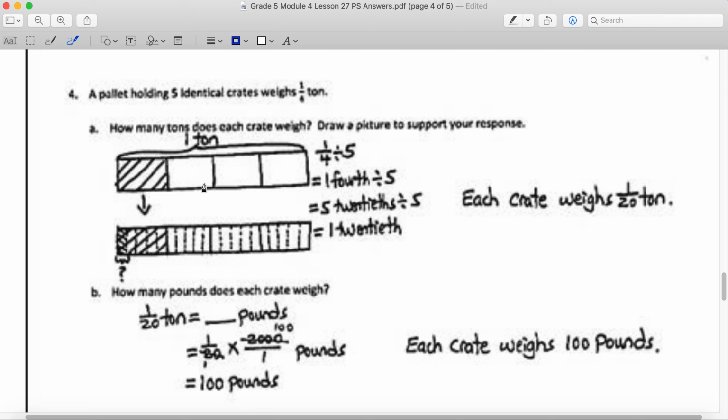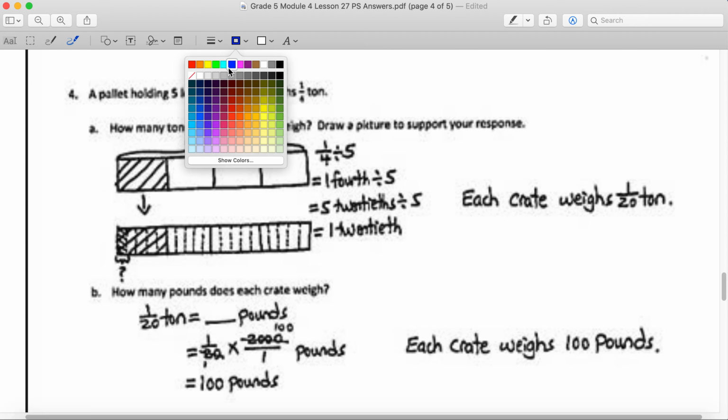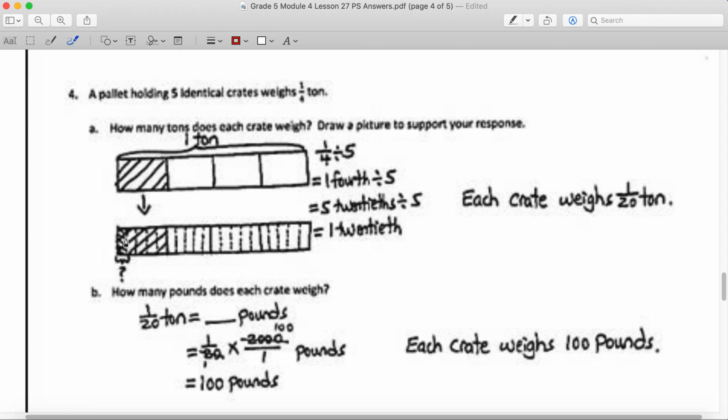And let's represent 1/4 of a ton. So there are 5 crates that represent this 1/4 of a ton. So they took this and divided it into 5 pieces, because 1/4 of a ton represents the 5 crates.